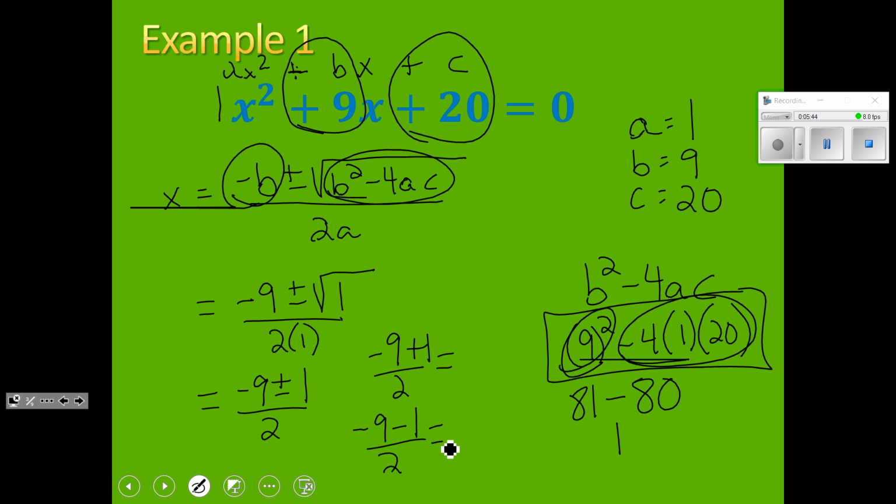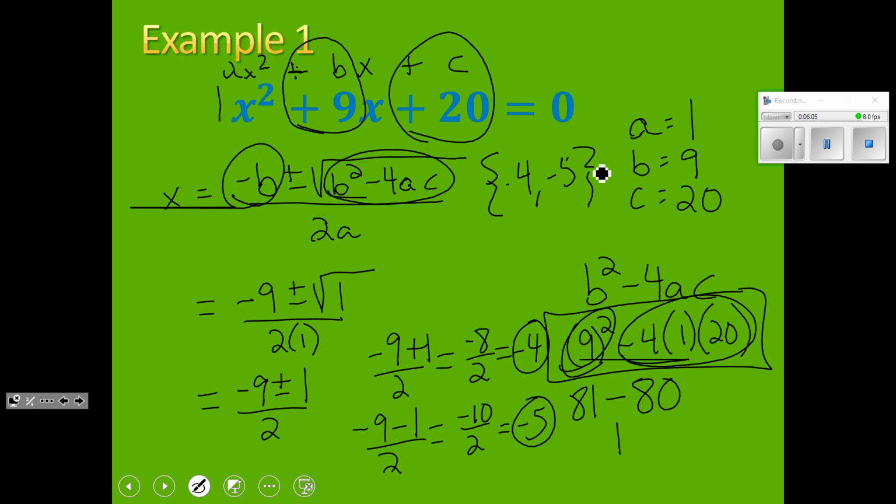So when we work this out, it's going to be negative 8 divided by 2, which is equal to negative 4. Or negative 10 divided by 2, which is equal to negative 5. So that says to me, my answer, and you can write it in a set, is negative 4 and negative 5.